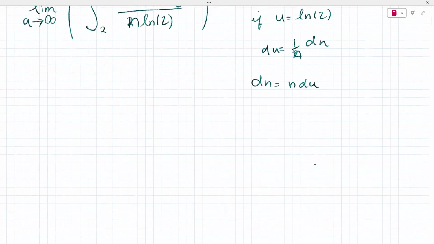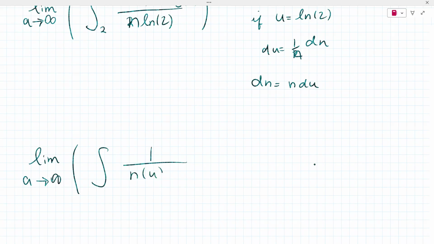So the limit as a approaches infinity of the integral of 1 over nu times n du, and if u equals ln n, the upper limit would be ln of a.